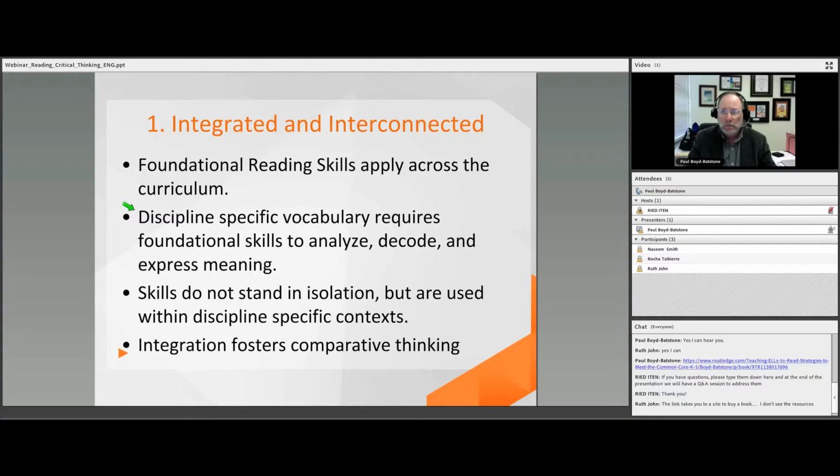Let me give an example. In PE, in physical education, we talk about blocking. Blocking happens in our sports where a football player is blocking out another opponent to keep them from getting to the ball. But in the arts, like in theater and drama, blocking means something entirely different.